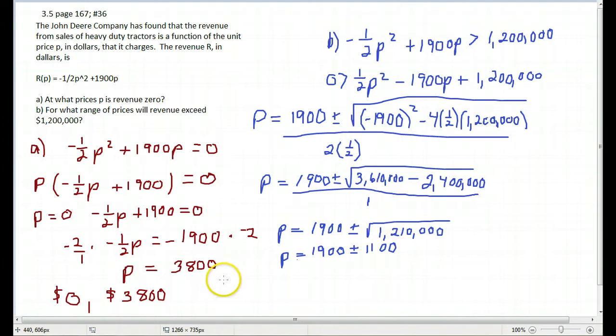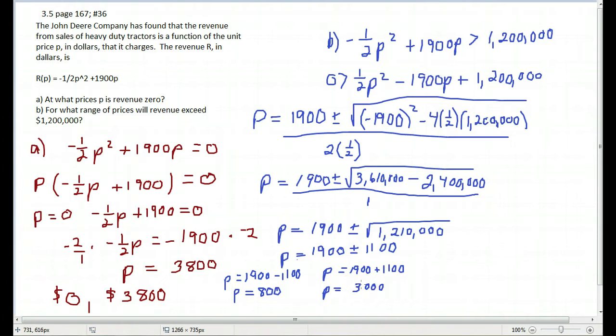Well, if I take P equals 1900 minus 1100, I get P equals 800. If I take P equals 1900 plus 1100, I get P equals 3000.